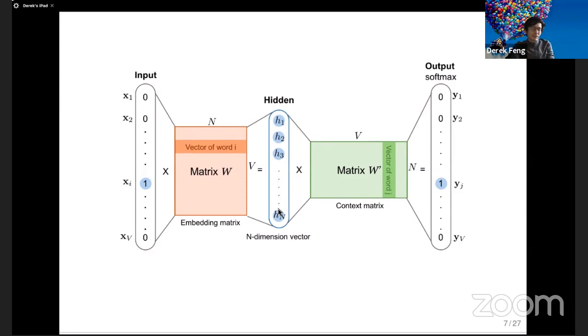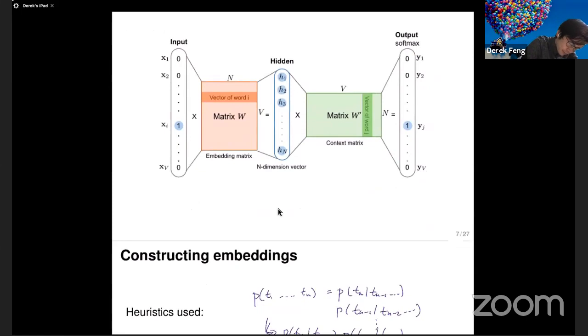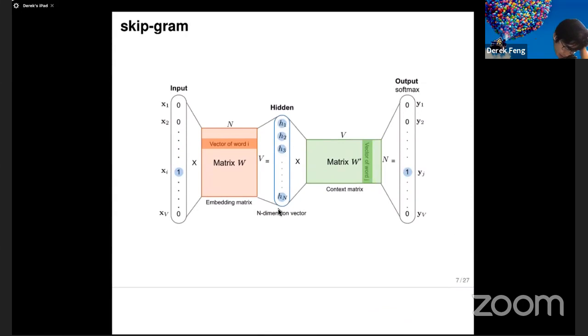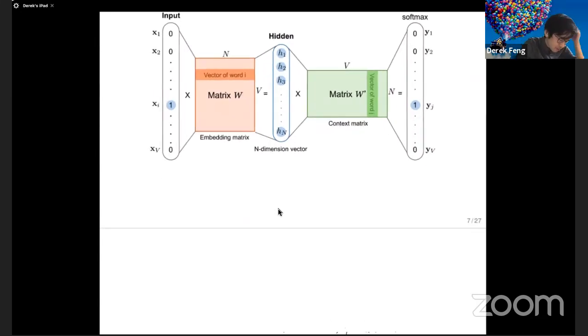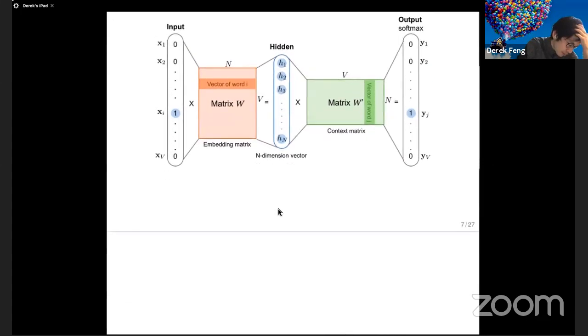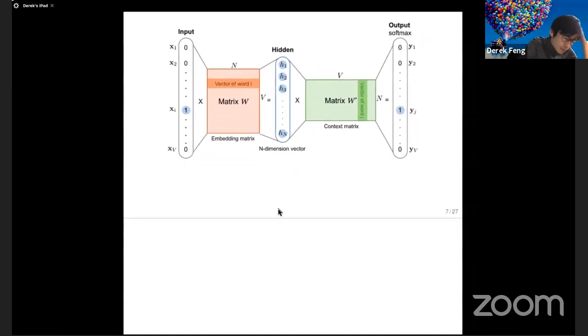This is a diagrammatic representation of what these word-to-vec models are doing, and we're going to work through this diagram, as I think it helps to see what is actually going on here.